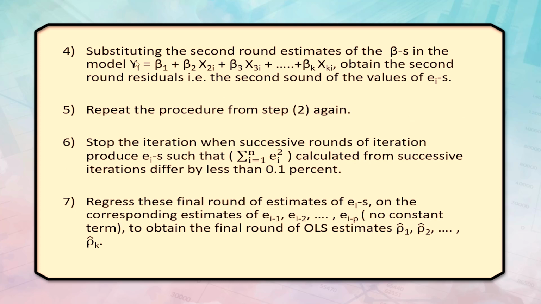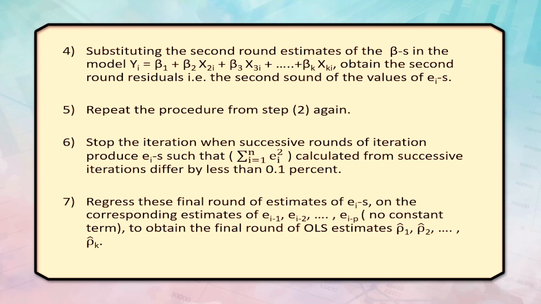So, as you can see, substituting the second round estimates in the betas, we obtain the second round residuals. This is the second round of the values e_i's, and repeat step 2, that is, second round e_i on e_i minus 1 up to e_i minus p. Once we do that, we will again get the second round estimates of the rhos and again put them in that transformed model to get the third round estimate of the betas.